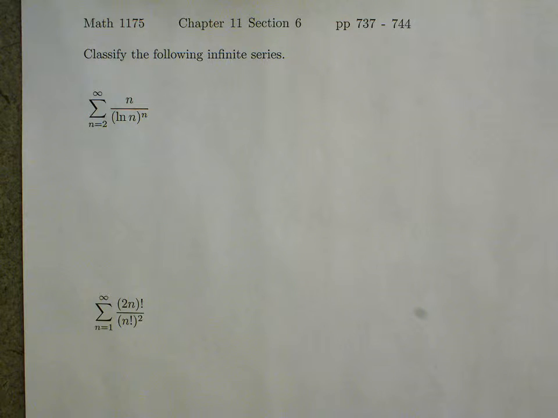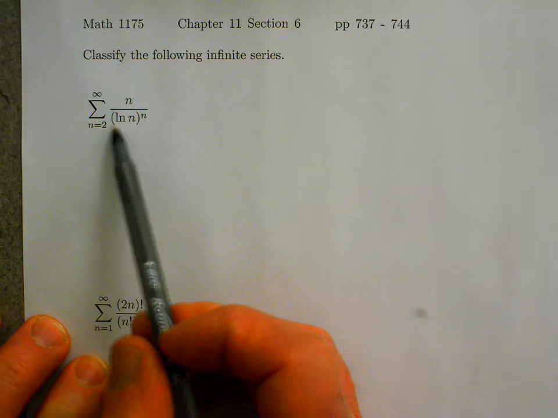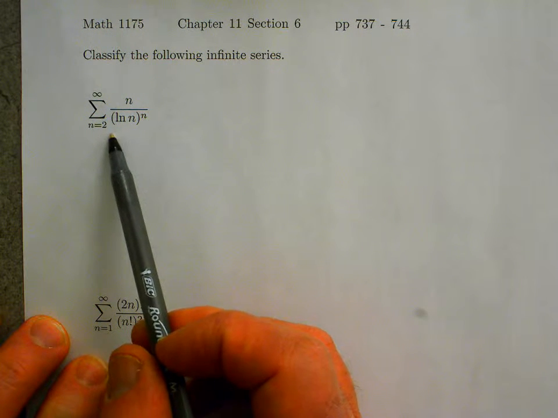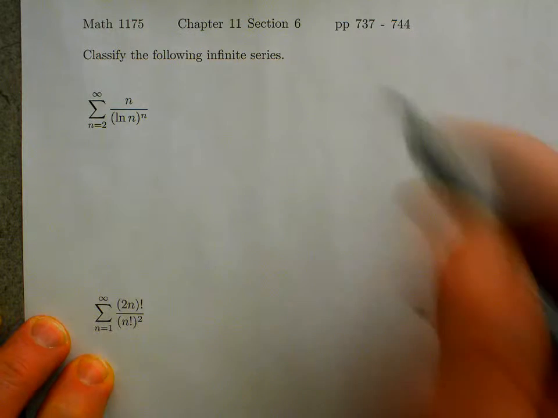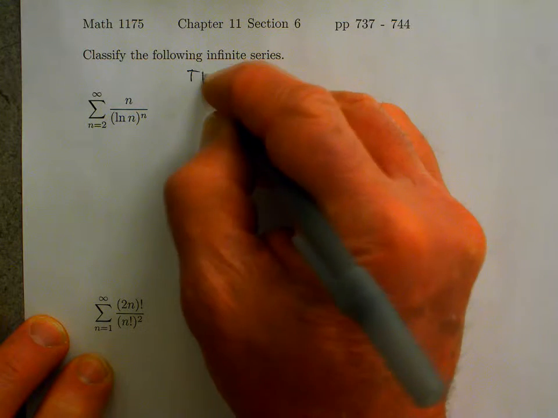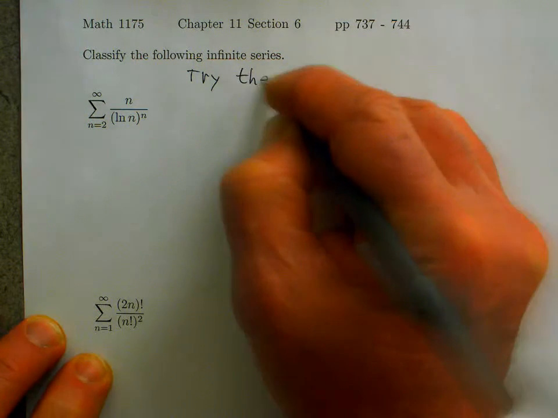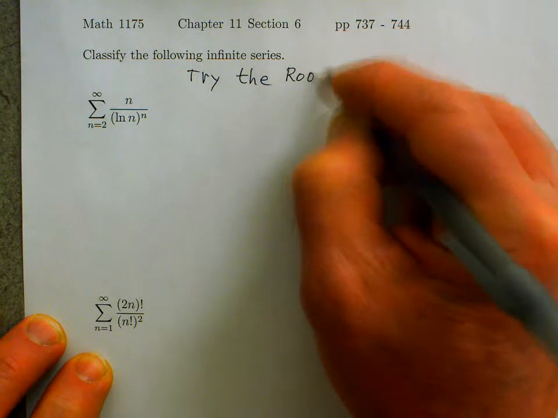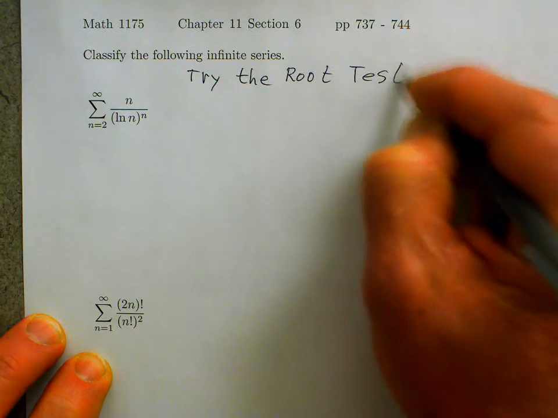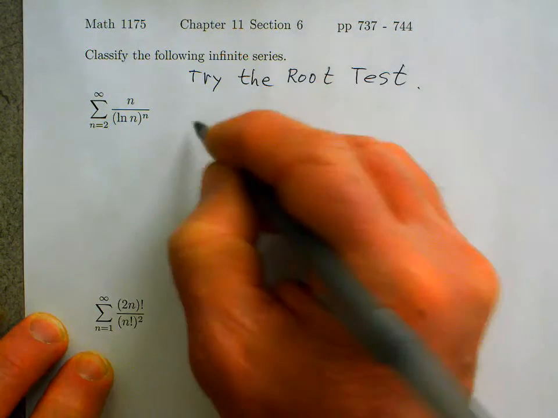Which one do you think might work in this one? The root test? Yeah, let's try the root test, because in the denominator we have the quantity, the natural log of n, to the nth. If that doesn't work, we can try something else.